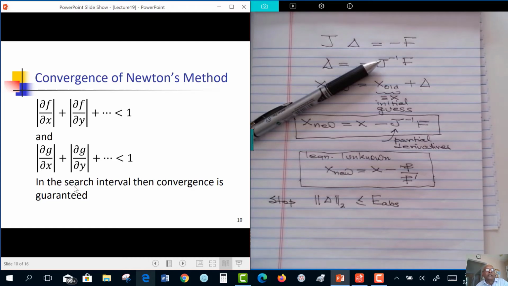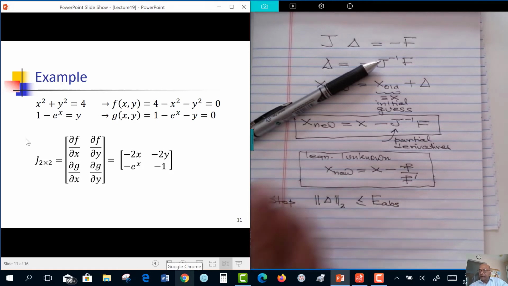And then convergence is guaranteed. In practice, we seldom test for convergence. We just go ahead and try it. In most engineering problems, we know if a solution exists, it's probably at reasonable values that we can estimate, and we can find that solution.